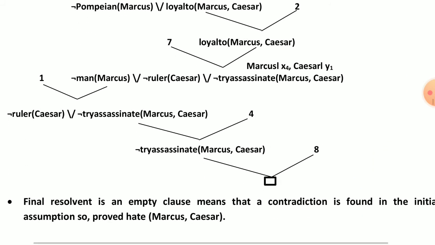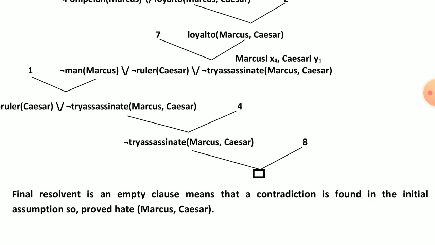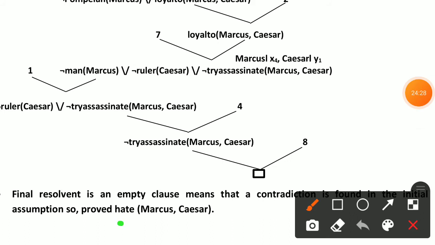Our final result is an empty clause, which means that a contradiction is found in the initial assumptions. So we can prove hate Marcus comma Caesar. In the last, this is empty.